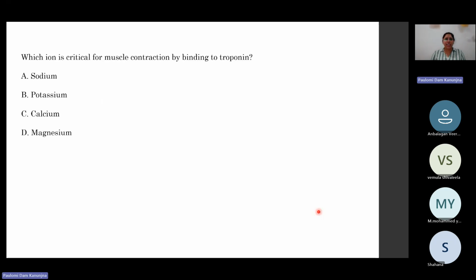Okay, easy questions. These are very simple questions. Which ion is critical for muscle contraction by binding to troponin?